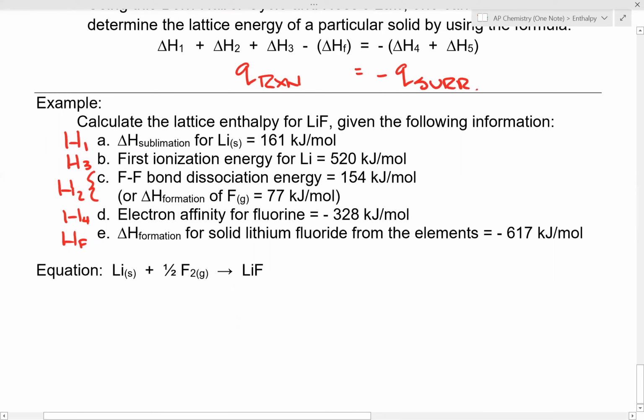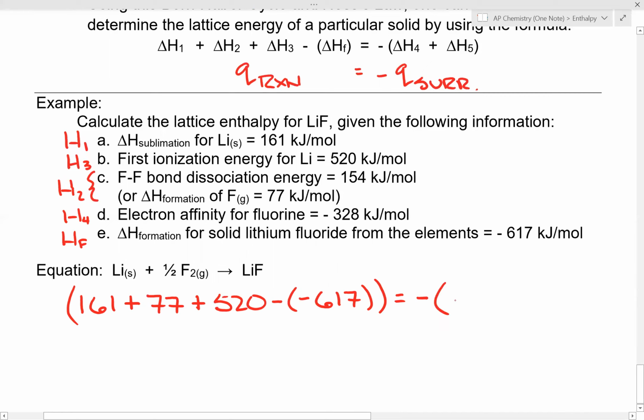So what we do is, again, remember, we take H1, H2, H3 minus HF, and that would equal negative delta H4 and H5. So here we have 161 plus H2, which would be 77, plus H3 would be 520, minus negative 617 would equal negative H4, which would be negative 328, plus delta H5.